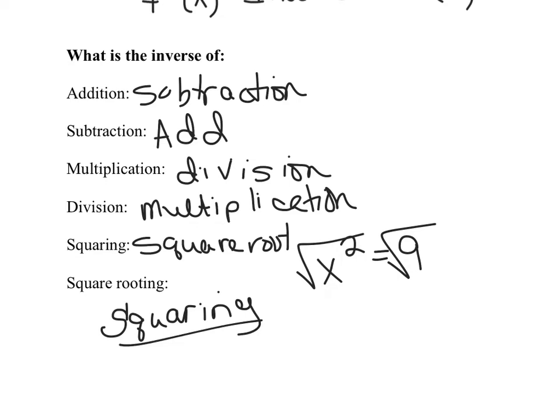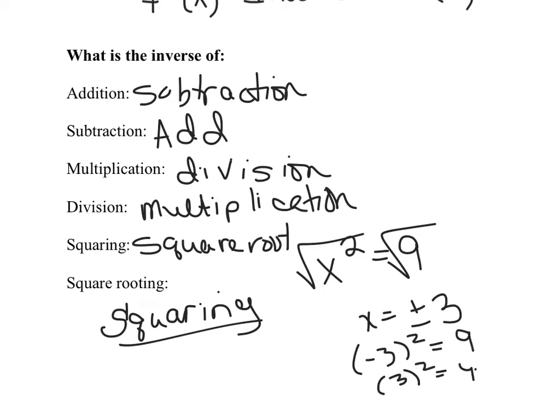Square rooting, the inverse is squaring. So x squared equals 9, I take the square root, I get x equals plus or minus 3. So x could be negative 3 squared equals 9, or positive 3 squared equals 9. Both of those work.